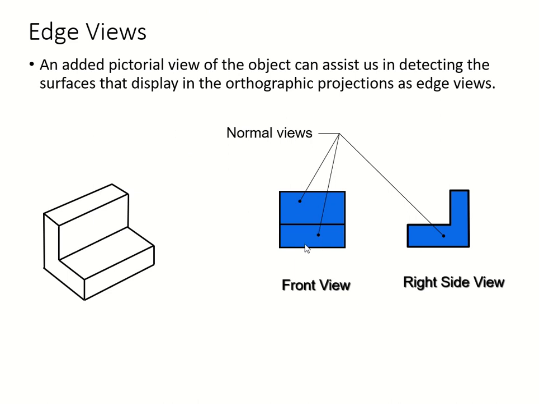The line of sight is kind of like going straight in. If you take a look from the right side, it's your line of sight because you're looking from that side towards it. So it goes straight into it, and your line of sight is perpendicular to it.